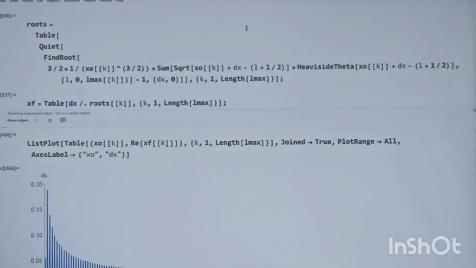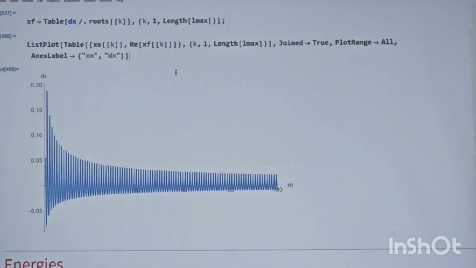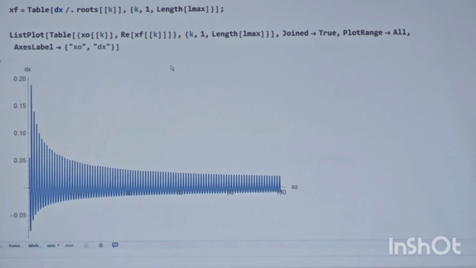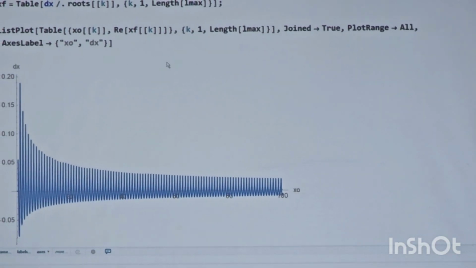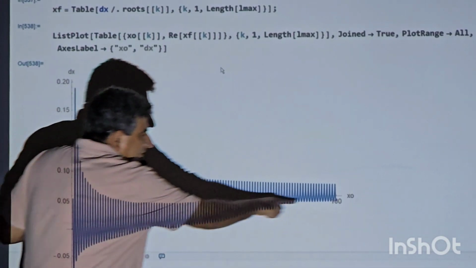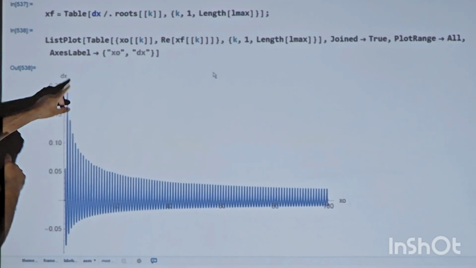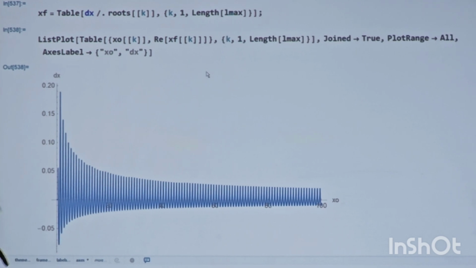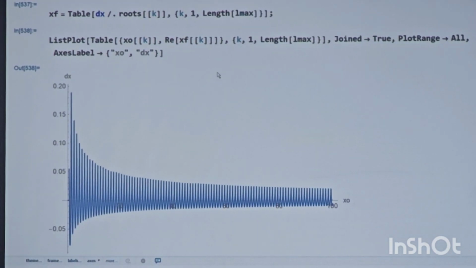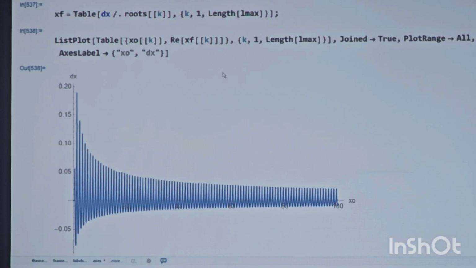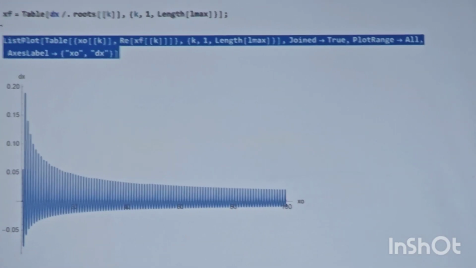So here I plot. So here is a plot of the changes in the Fermi energy. Here I have x naught, and here is a plot of the change in the Fermi energy. So what I could also do is I can zoom in onto a small region to see what this looks like. Let me zoom in onto, say, a smaller region.